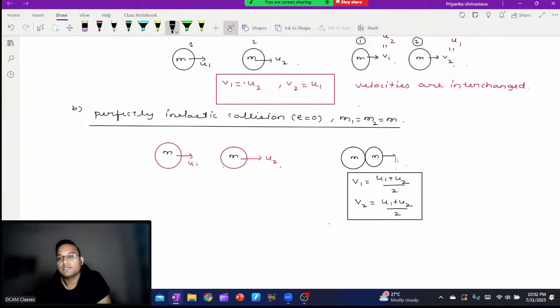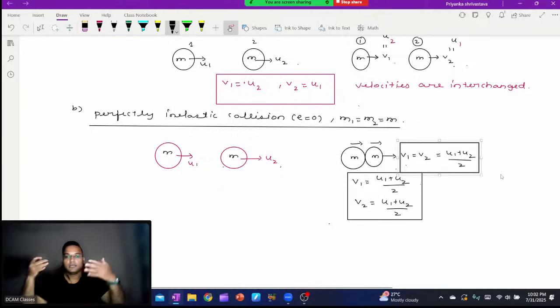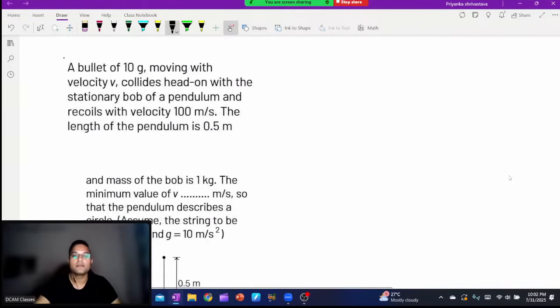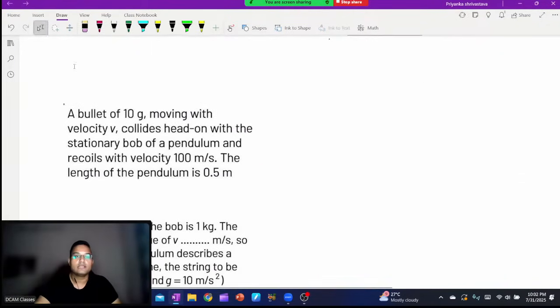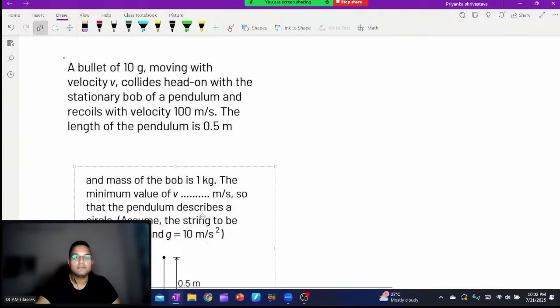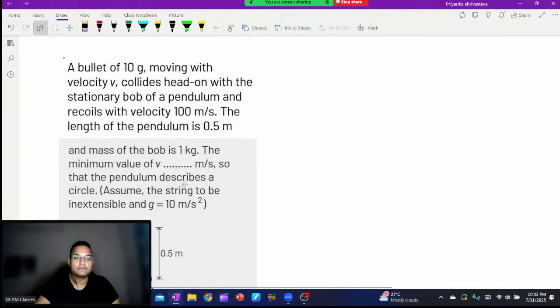So in inelastic collision, you should have got the feel: they just stick to each other and then move. And elastic collision is the best way in which they can separate.